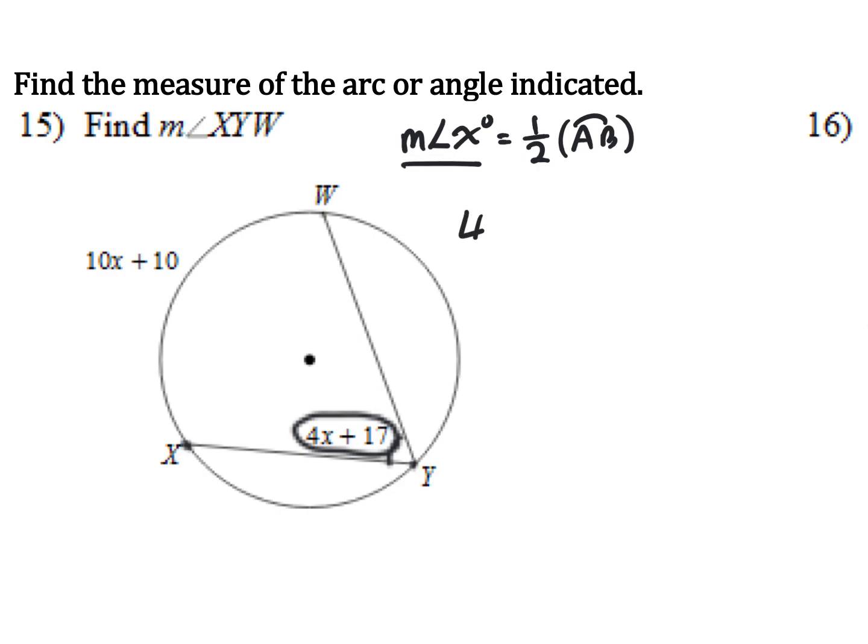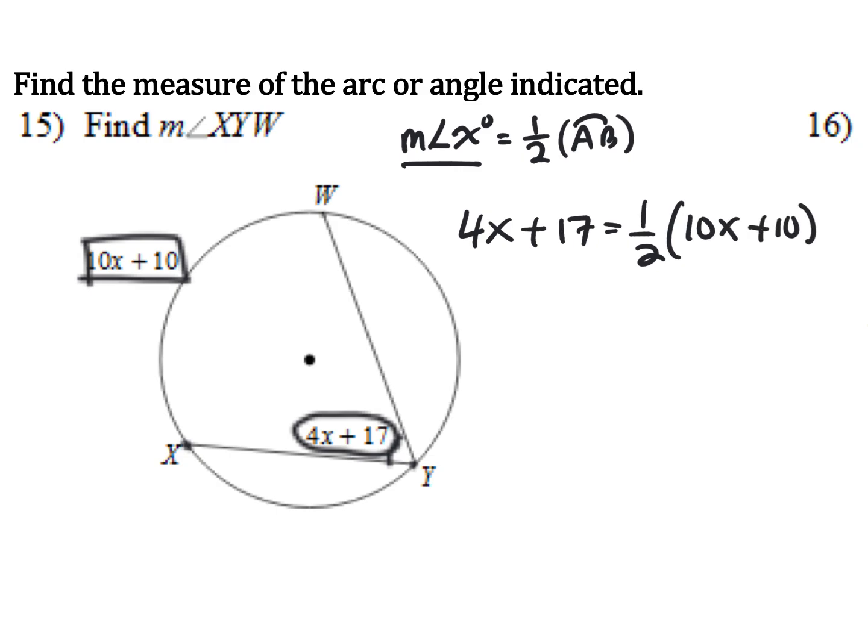So that's going to give you 4x plus 17 is equal to 1 over 2 times this one. This is going to be like your intercepted arc. This is going to be 10x plus 10. Okay, let's cross multiply it. Or what you can do is actually multiply both sides by 2 here.